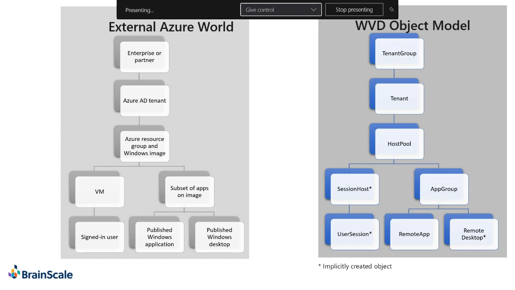But just to sum it up and provide an overview, if you're familiar with the Azure terminology, we can correlate that terminology to the WVD side. The first thing that you would do while spinning up your WVD environment is to create a tenant group.